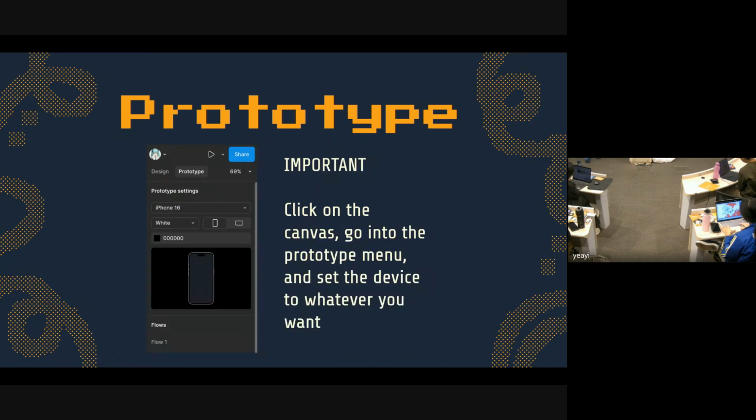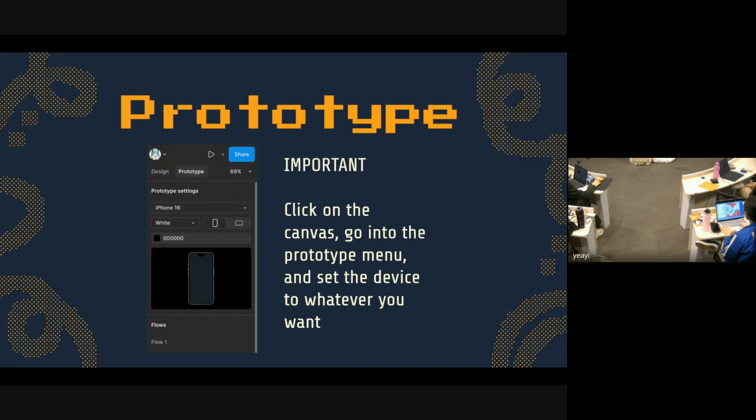And something very important, before you actually start work on your Figma project, you have to know what device you want to work with. Because if you click on the canvas and you go into the prototype menu, you should see this prototype settings menu. Now it won't look like this. In fact, this little thing over here will just say no device.